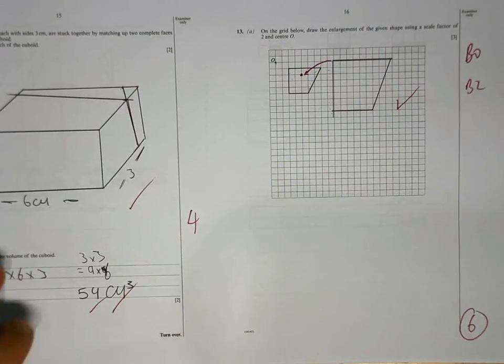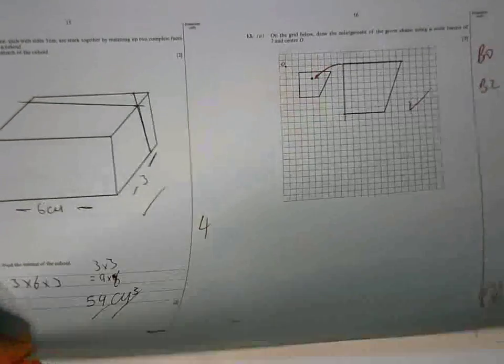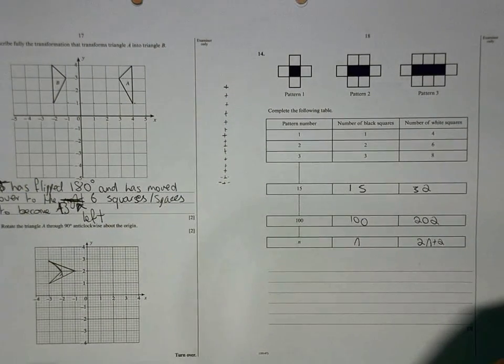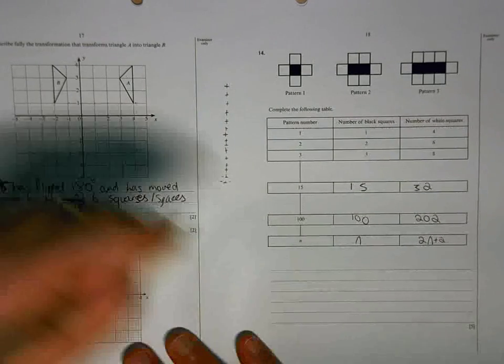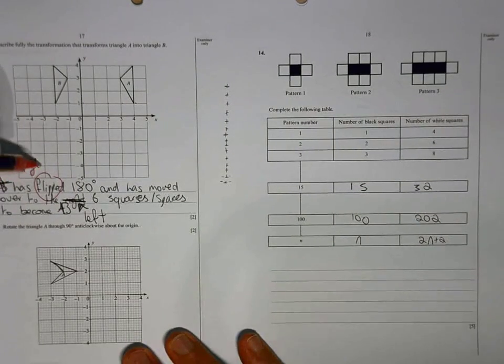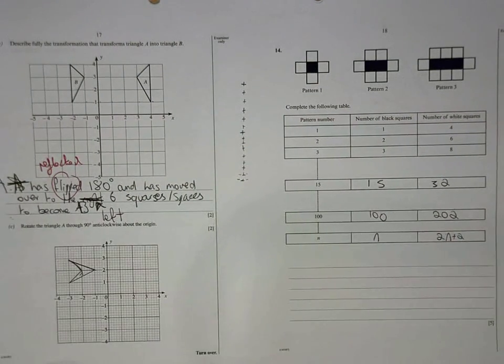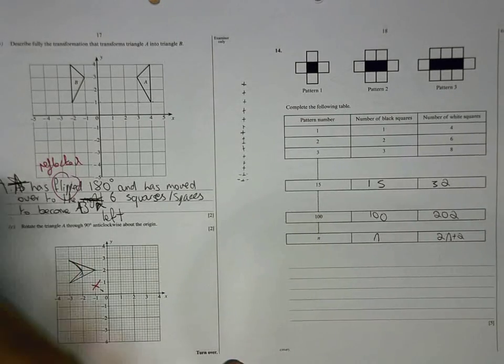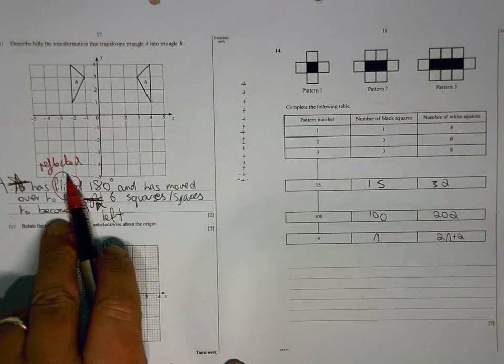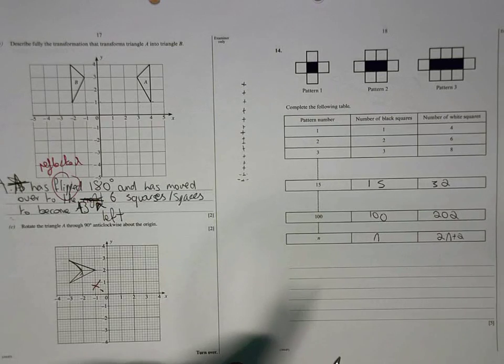6 for the page. It's flipped and has moved over 6 squares. Flipped, I'm looking for reflected. To get the word reflected, you would get a point. That's wrong. And then you would need to say where the mirror is that's reflected it.